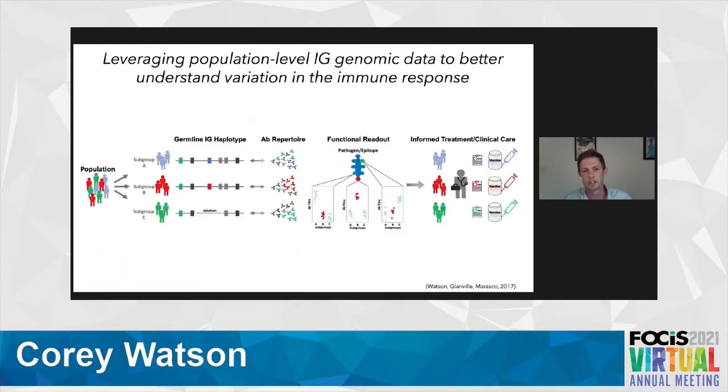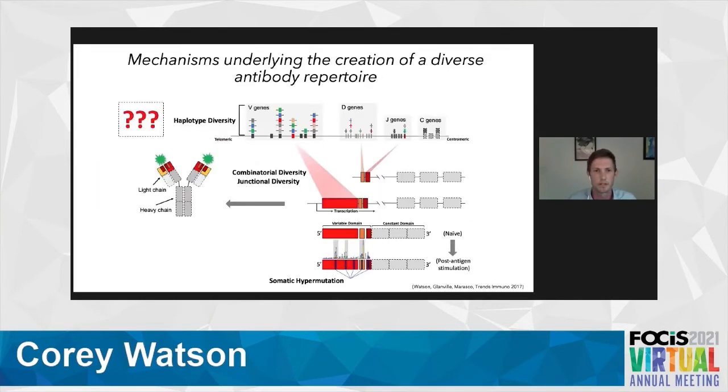So my group has been focused on developing higher throughput sequencing methods to effectively genotype and haplotype variation in humans. Our goal is to understand how that variation influences the repertoire, with the idea that if we can understand those initial links, we can then go on to understand how antibody-mediated immunity influences disease and clinical phenotypes.